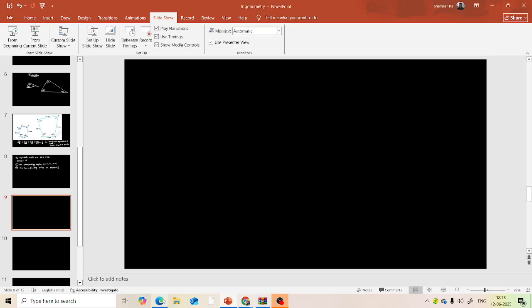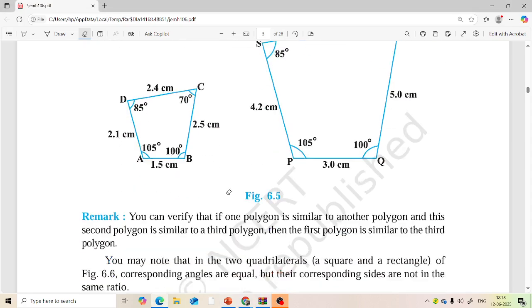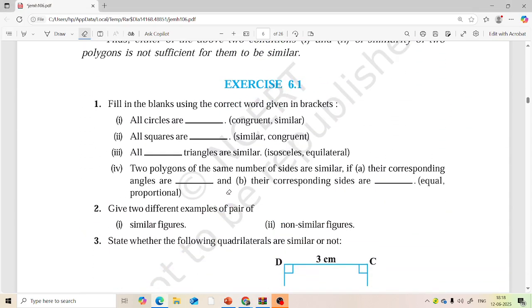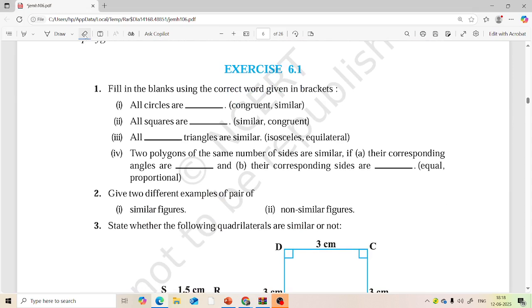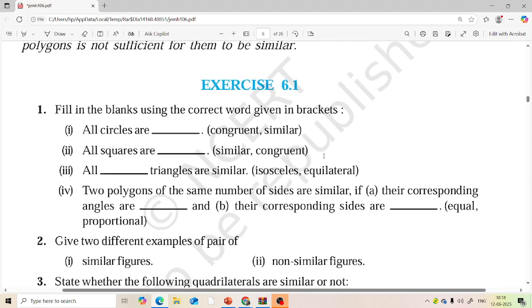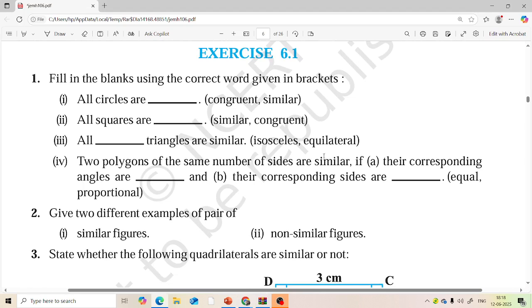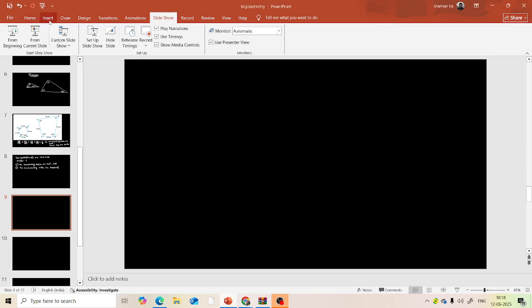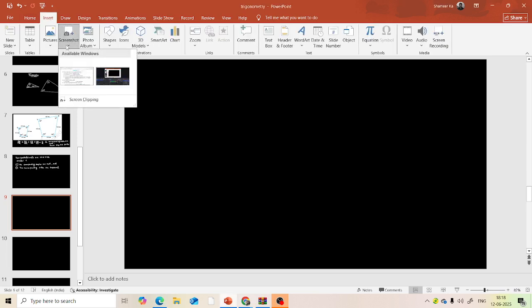Let me discuss a few problems from the first exercise. There are a lot of fill in the blanks questions. I will not spend more time on this type of simple question, but anyway, let me discuss it, because you have to understand the concept well.